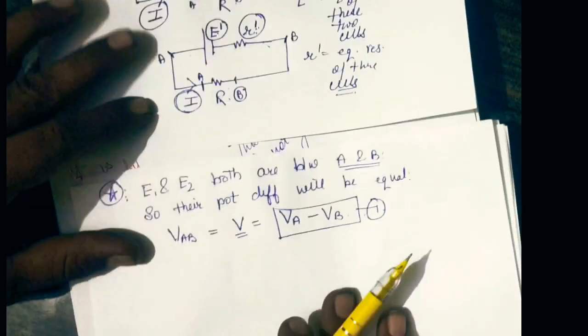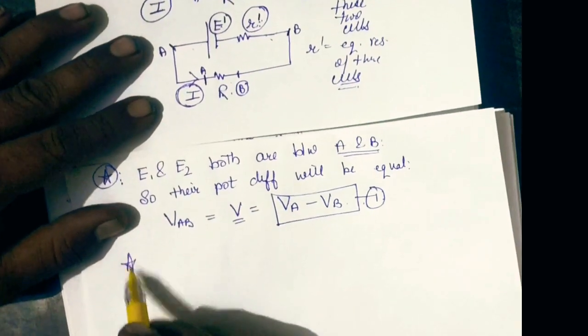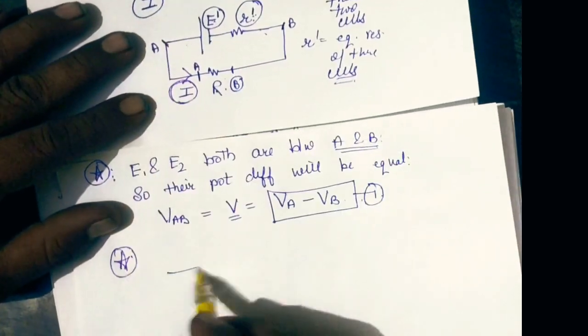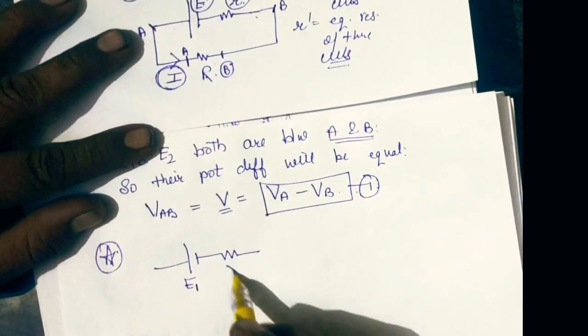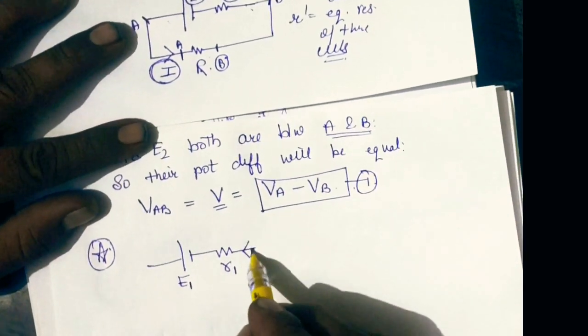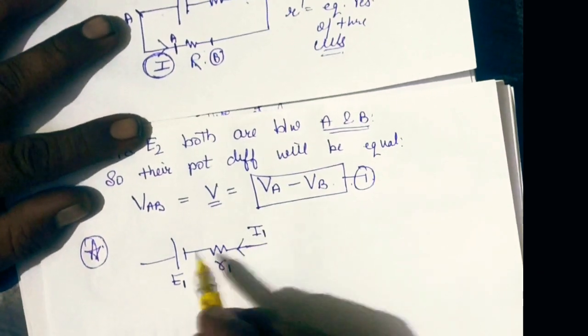Now for the first cell, its EMF is E1, its internal resistance is R1, and the current flowing through this branch is I1.